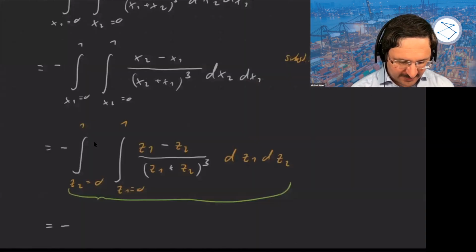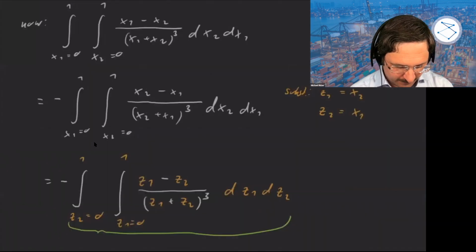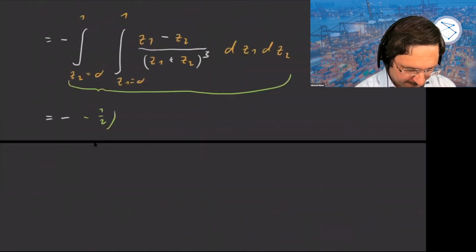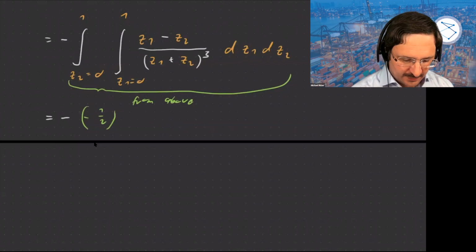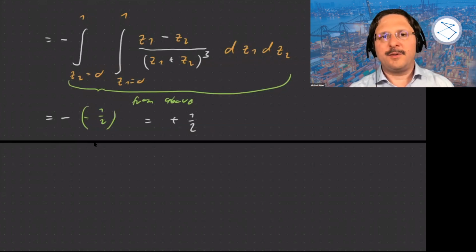The value of that, you'll remember, was minus 1 over 2. So we get that from above. And that means that integral has a value of plus 1 over 2.